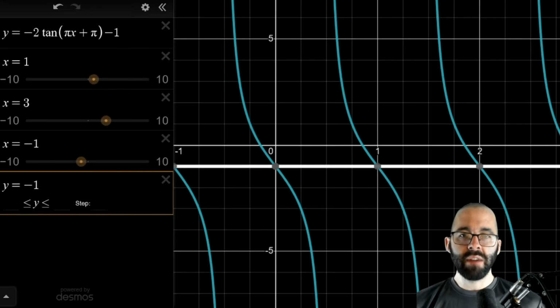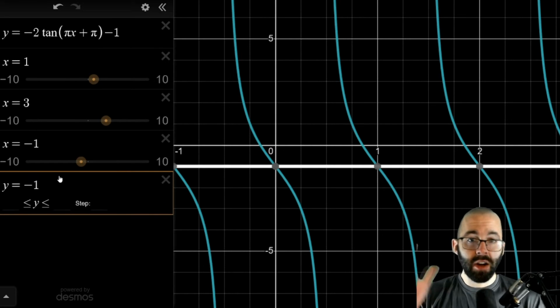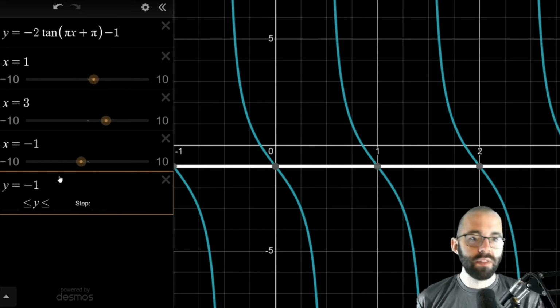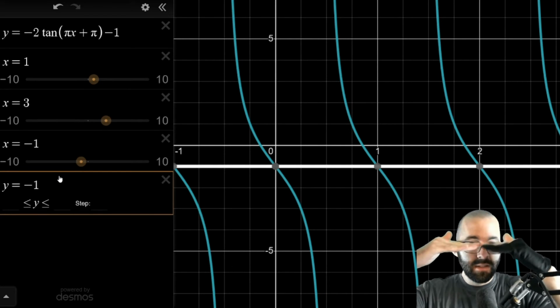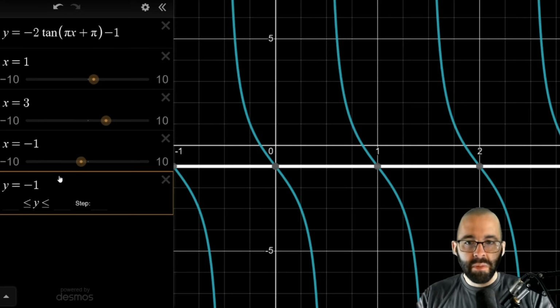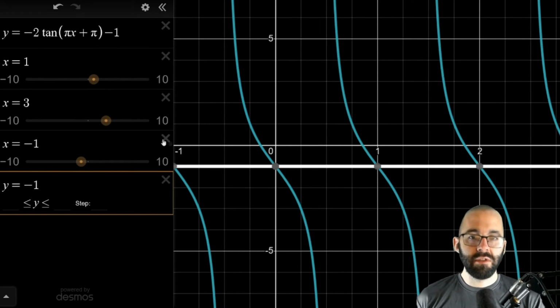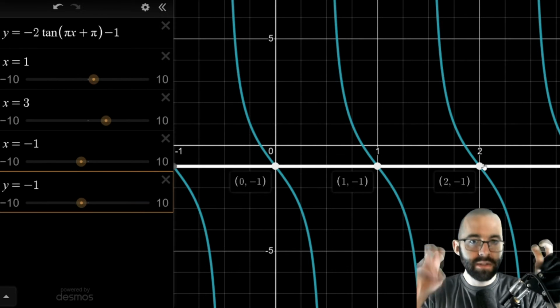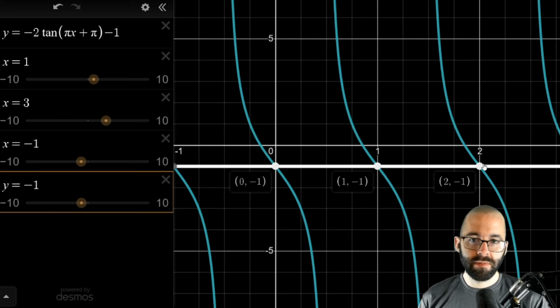Like before we would graph the midline, this is our middle. Okay, this is the middle of our graph. Middle used to be the x-axis, but now we can think about this as our kind of new x-axis in a sense. And now these points right here, these are the actual like middles of each tangent.